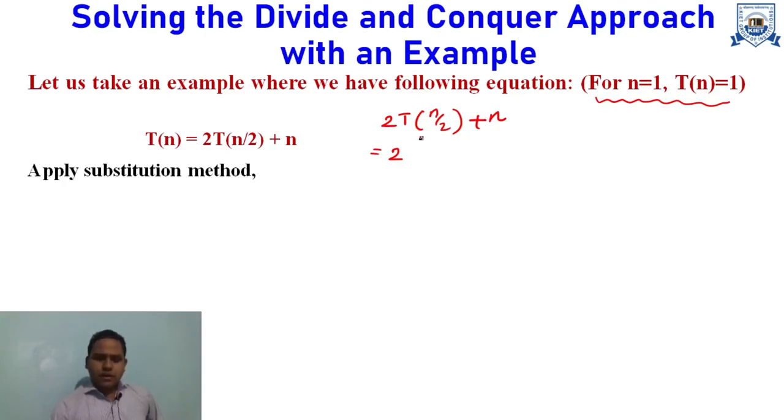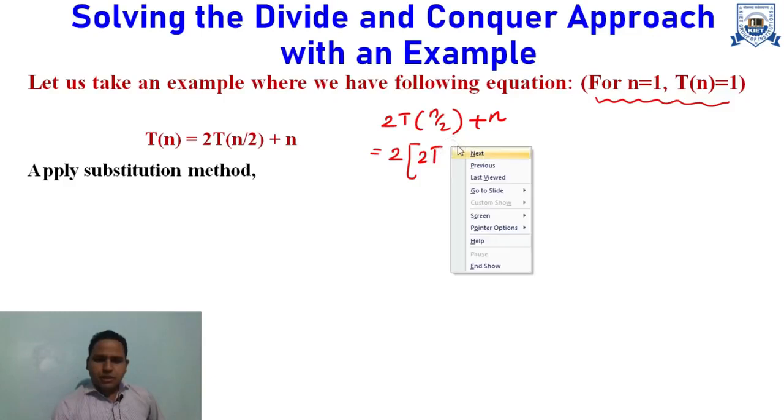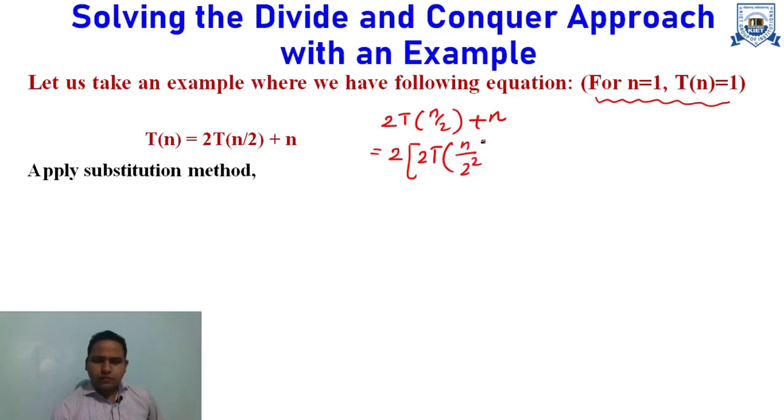So it will look like 2 times 2T(n/2 square) plus n by 2, plus n. That means this T(n/2), which is our T(n), is again divided into smaller sub problems.